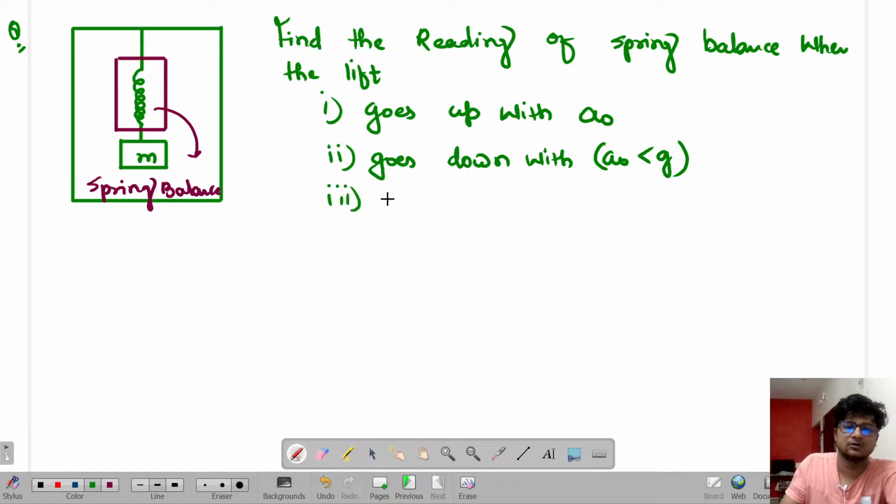And third, goes down with acceleration a equal to g.